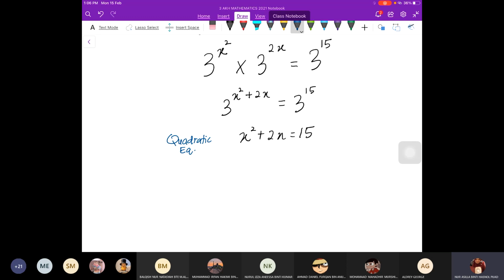Sekejap saya kena check dulu. Kamu punya quadratic equation, tapi kamu belajar ke? Macam kamu tak belajar quadratic equation kan? Sekejap saya confirmkan dulu. Kalau tidak nanti lain jadinya.